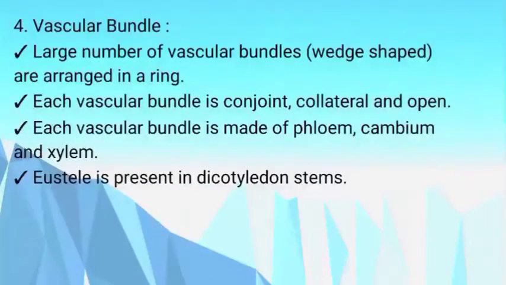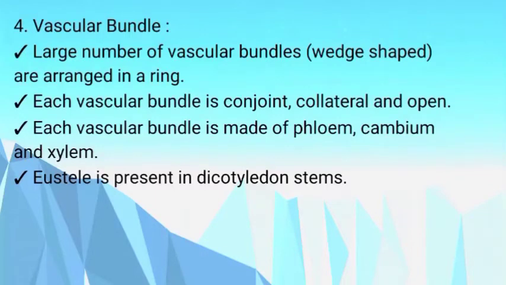Next one, vascular bundles. A large number of vascular bundles are arranged in a ring-like structure in dicot stem, which is called eustele. The shape of vascular bundles is wedge-shaped. Each vascular bundle is conjoint, collateral, and open. Conjoint in the sense both xylem and phloem are situated in the same radius.